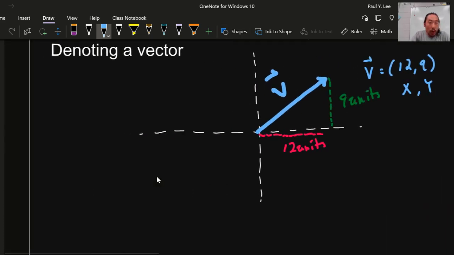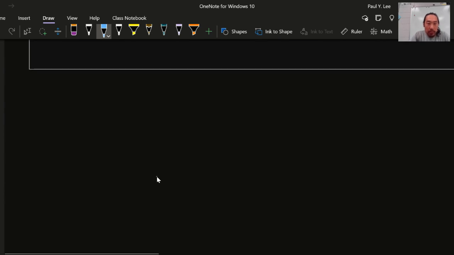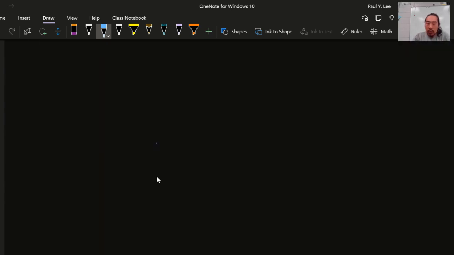I'm going to show you another way of writing vectors. This is what we call the hat notation. Well, I call it the hat notation. Let me give you the long form, the official formula. R is equal to A i hat plus B j hat plus C k hat.